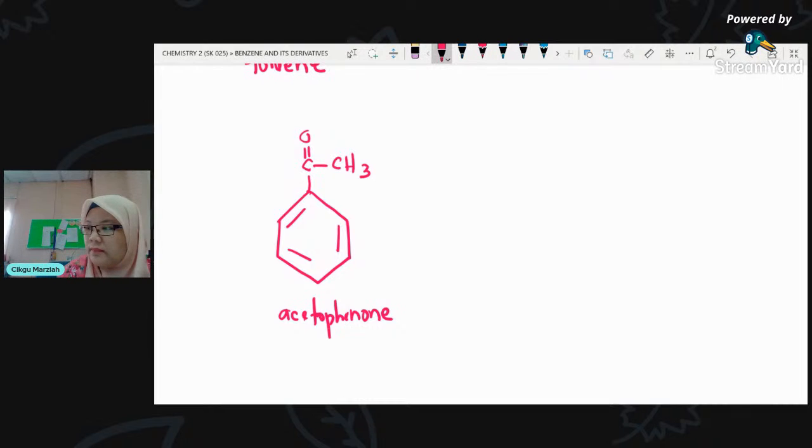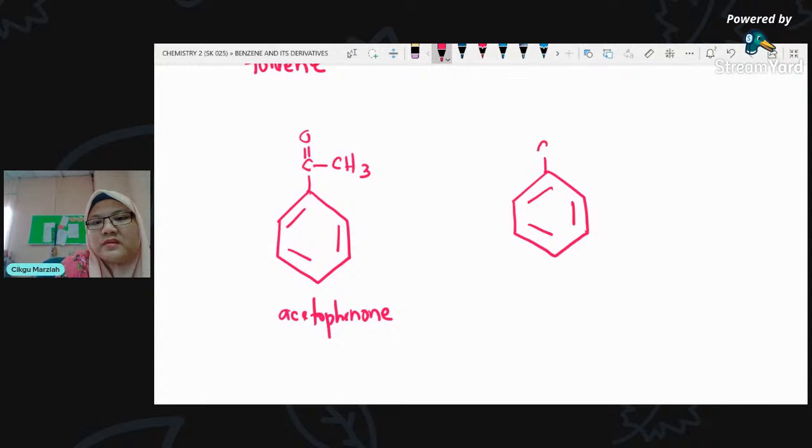Okay. And then we have a benzene and it's bonded to C double bond O OH. So we call it a benzoic acid.